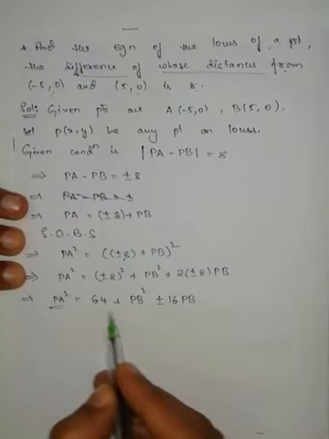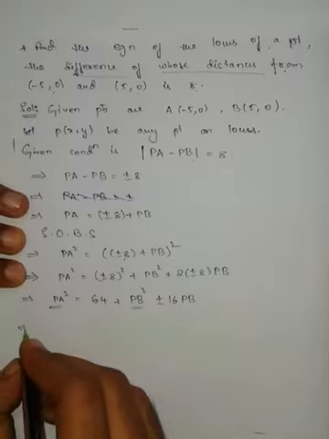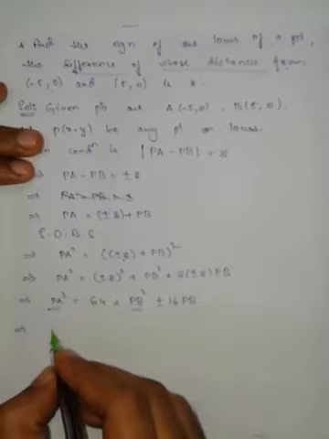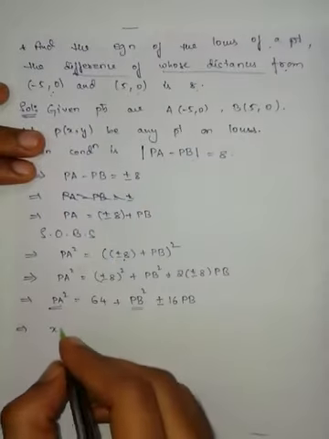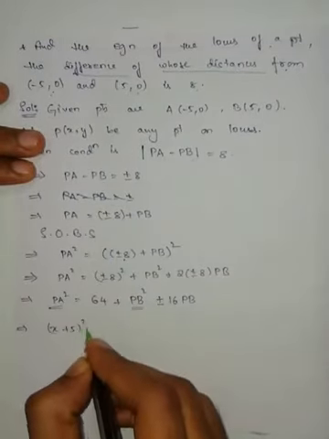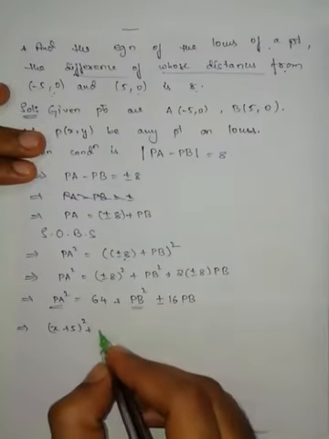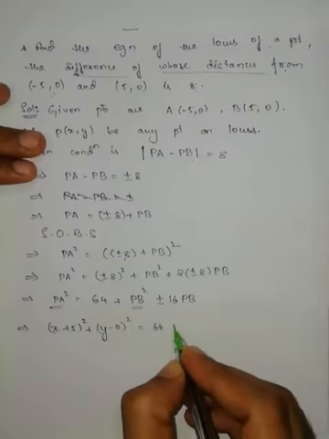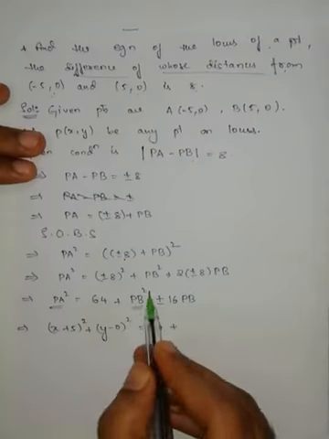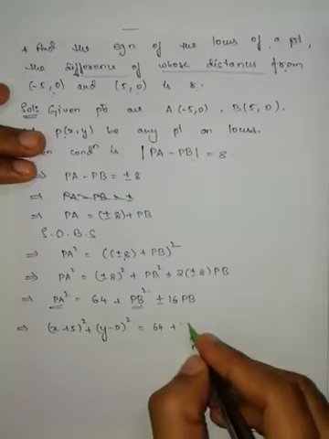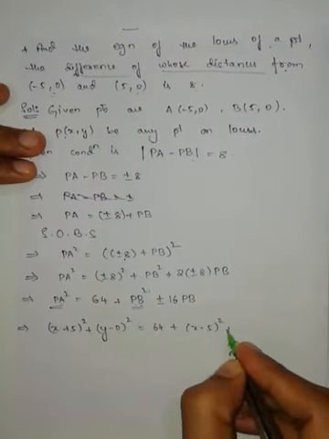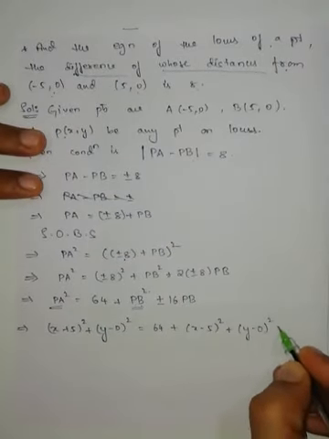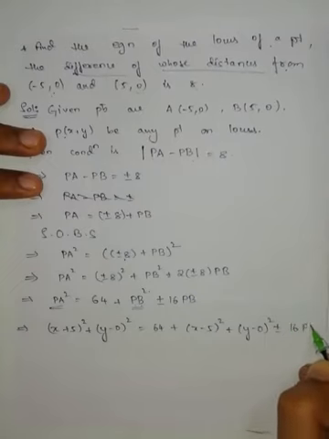Now I am substituting. PA square, that is the distance between these two points: x minus of minus 5, x plus 5 whole square plus y minus 0 whole square is equal to 64 plus PB square, x minus 5 whole square plus y minus 0 whole square, plus or minus 16 PB.